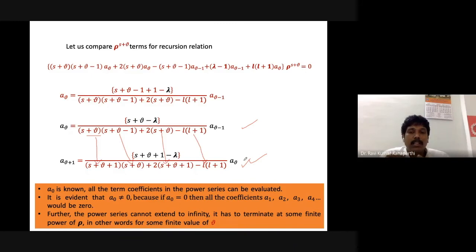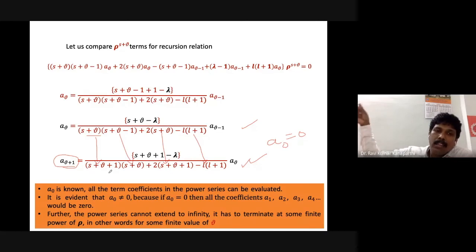If a_0 is 0, then a_1 becomes 0, and according to the recursion relation we calculate a_1, a_2, a_3, a_4 and so on.